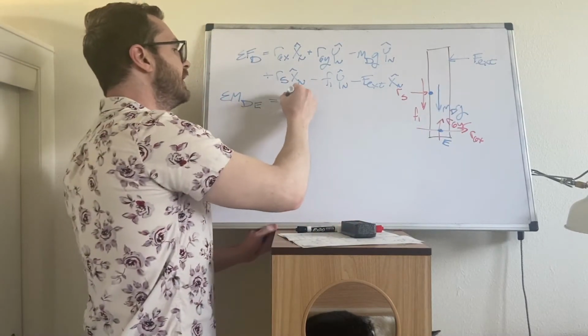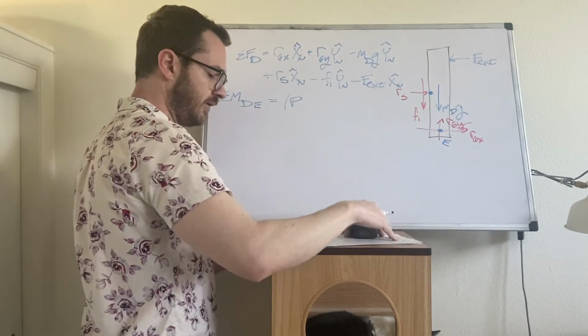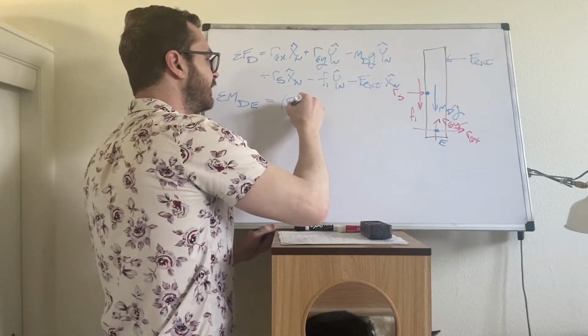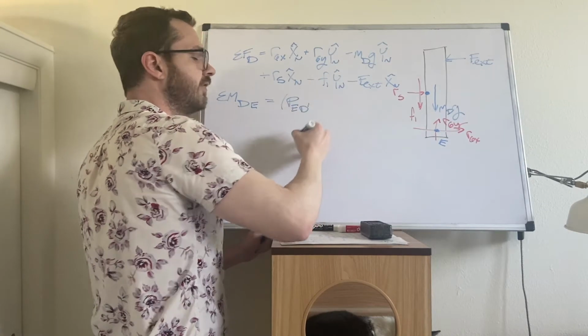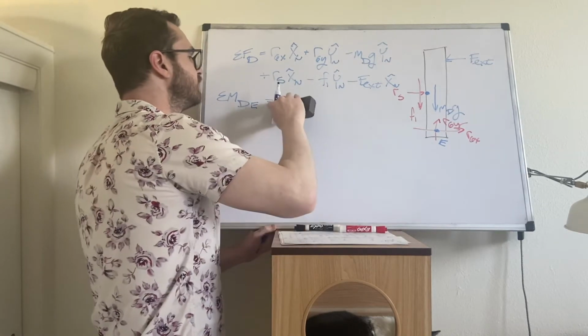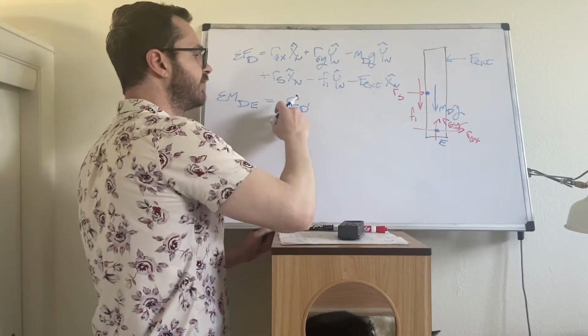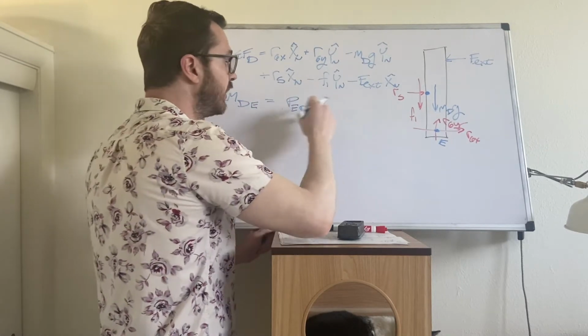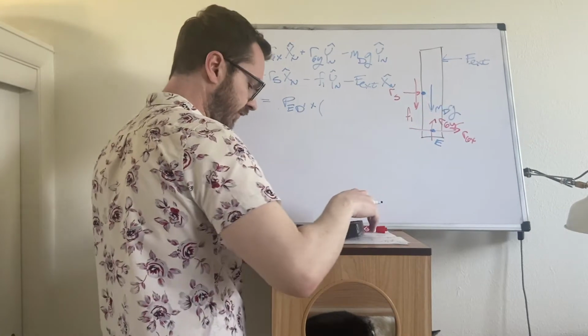So we need the position vector. Now, because we're taking the moments at point E, we need the position vector from E, and I'm going to call this first point D prime. So the position vector from E to D prime cross, and let's say D prime is this first one.